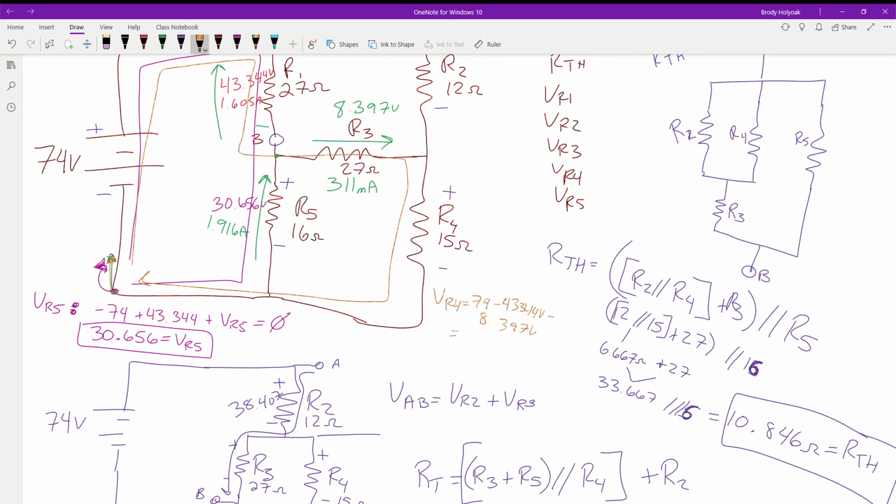And how much voltage does that give us left over?